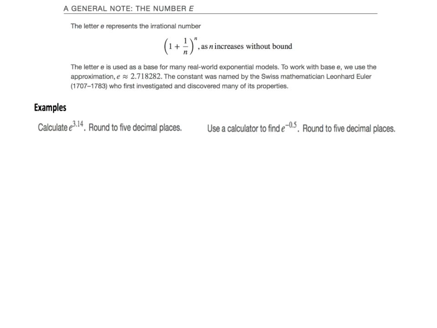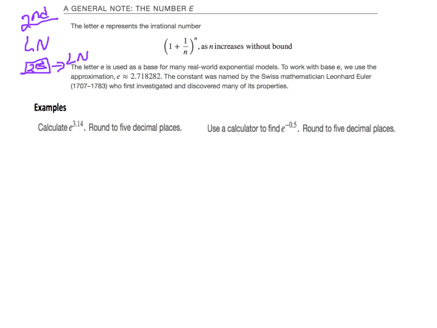All right, so let's work with our calculator for a moment just to make sure that you can put these in correctly. If you'll notice, the E button is the second function for your LN button. So you have to push the blue second key at the top of your calculator and then push LN.